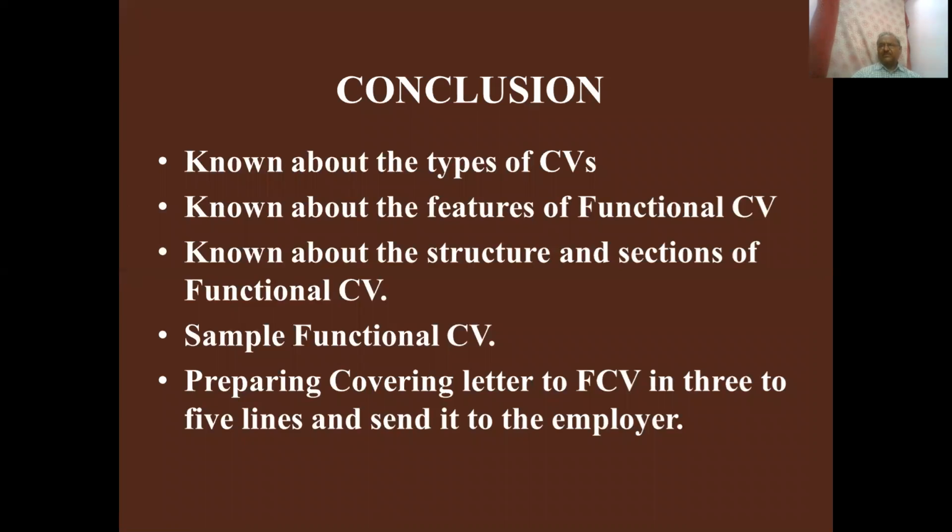We came to know about the chronological CV in the previous video, and in the present video lesson we know about the features of the functional CV, the structure and sections of the functional CV, and a sample of the functional CV. That's a very, very important sample of the functional CV.